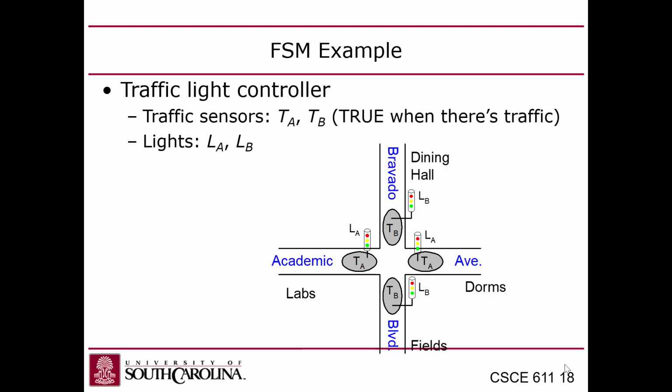The intersection is allowing traffic to flow on Academic and stopping it on Bravado, or it's in a state where it's transitioning between Academic and Bravado, where you have this yellow light on Academic, and then it's in 2 more states where Bravado has traffic flowing, and another state where Bravado has a yellow light, so it's transitioning back to an Academic green light. You guys with me? So there's 4 states, and they sort of sequence.